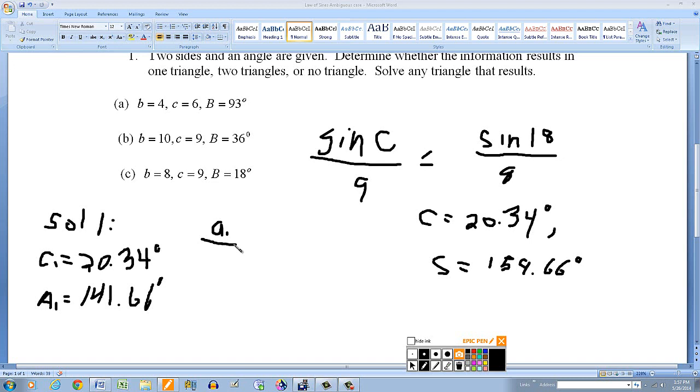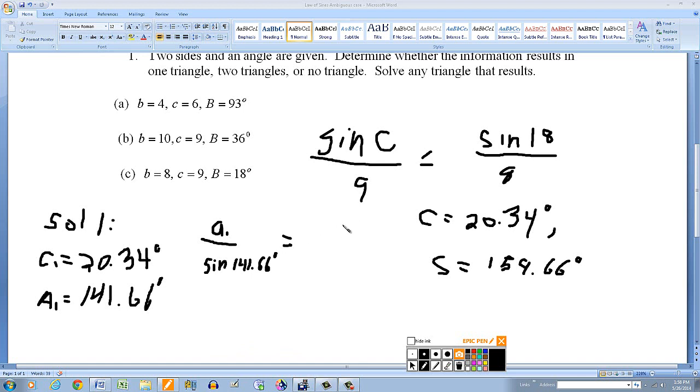Using the law of sines here, A1 divided by the sine of the angle opposite A1, which is angle capital A1, so this will be 141.66 degrees.